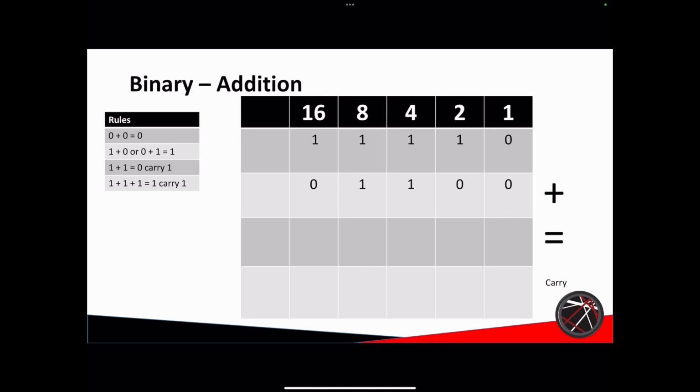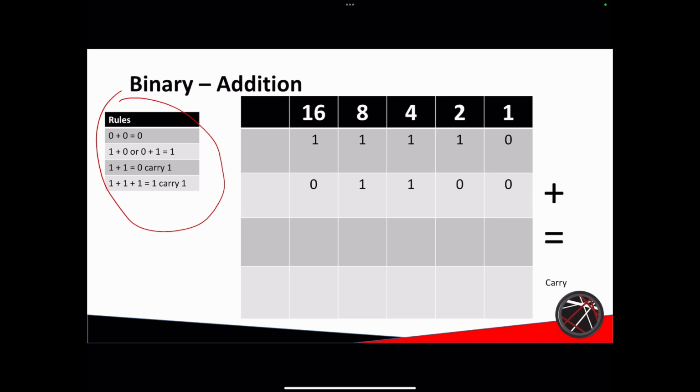Okay, so once we've established representing our numbers in binary, what we want to be able to do really is to then carry out things like additions and other calculations that you might have. What's important here though is that we are following these rules here, and you can see them there. So we can see that 0 plus 0 equals 0, 1 plus 0 or 0 plus 1 would equal 1.